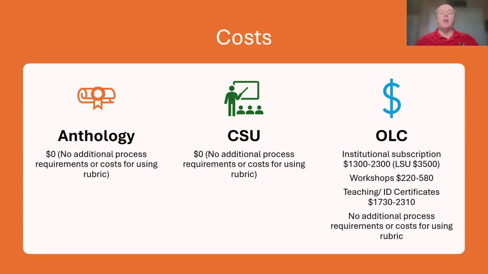Workshops typically cost from $220 to $580 a piece. If you're getting a teaching or an instructional design certificate, that currently costs anywhere from $1,730 to $2,310. But you don't have any process requirements or costs for using the rubric. You can use the rubric based on that.